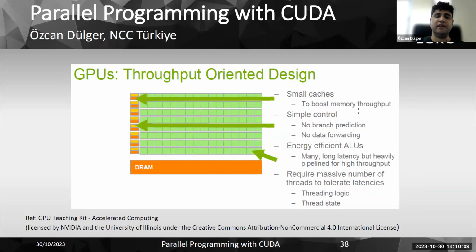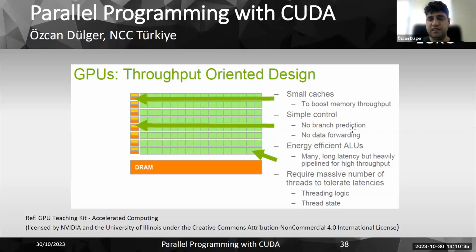So you cannot run any code on the GPU because of these properties, this hardware of GPUs. I will show you what kind of problems can be executed on GPUs and what can be executed on the CPUs.